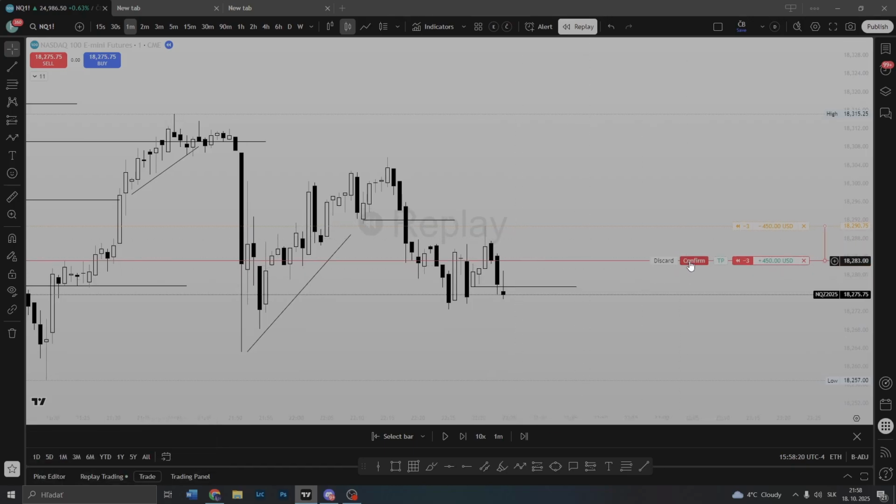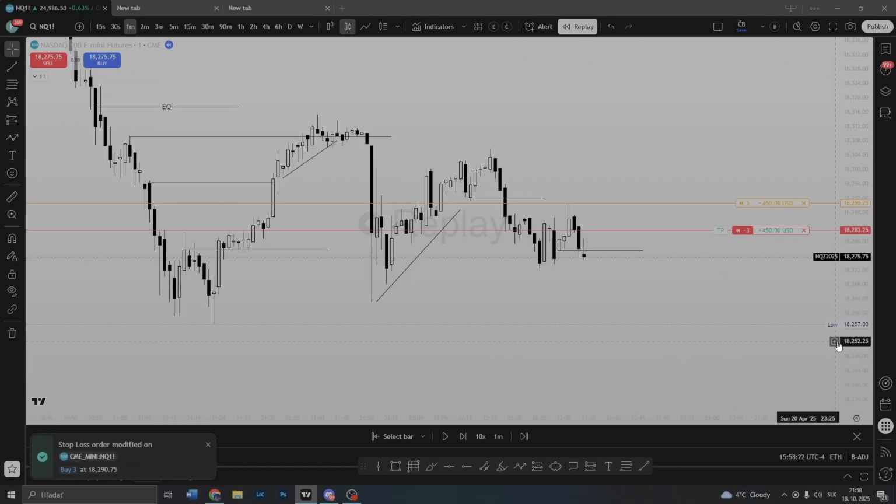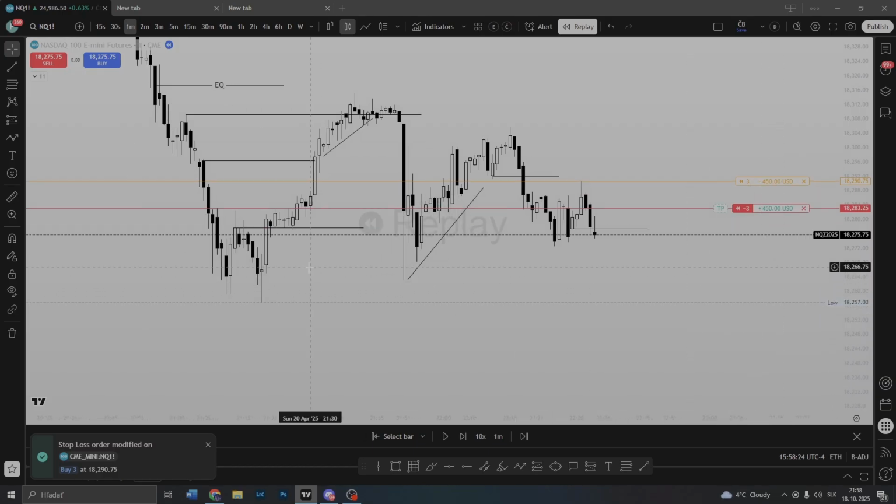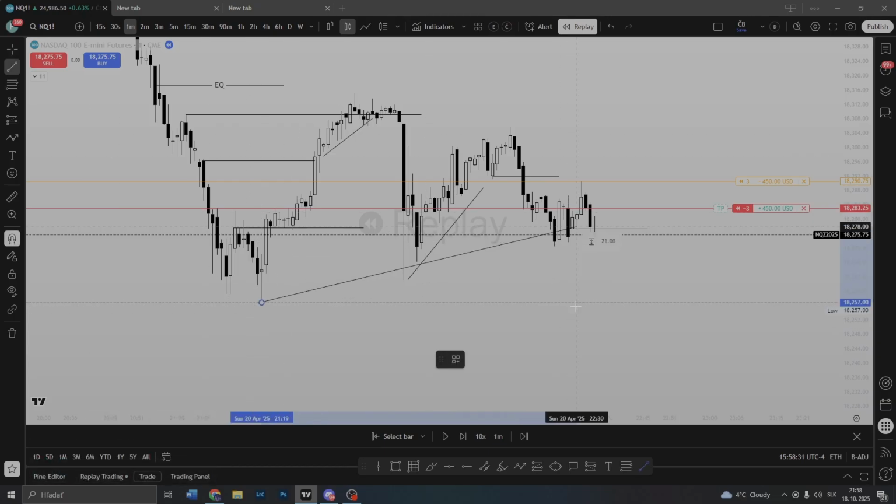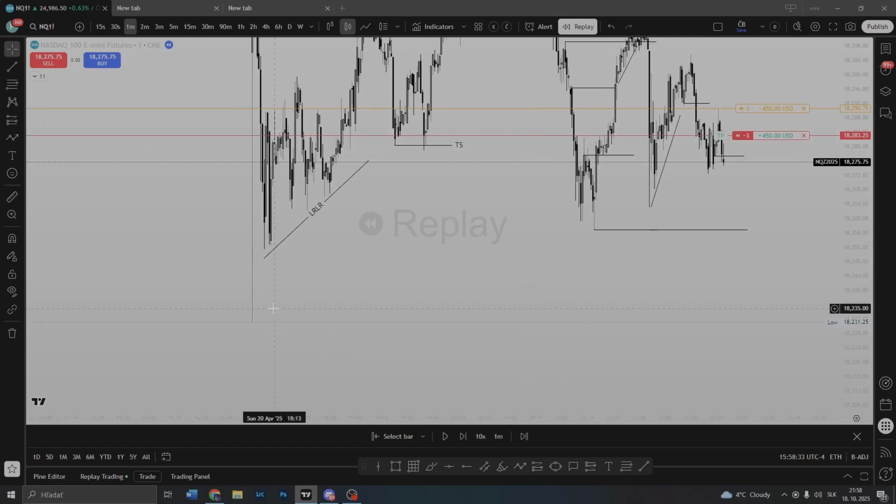That's up to you. The low-hanging fruit target, I would like to see us taking this low if we are actually bullish. Oh, bearish, sorry. And then possibly looking for this low.